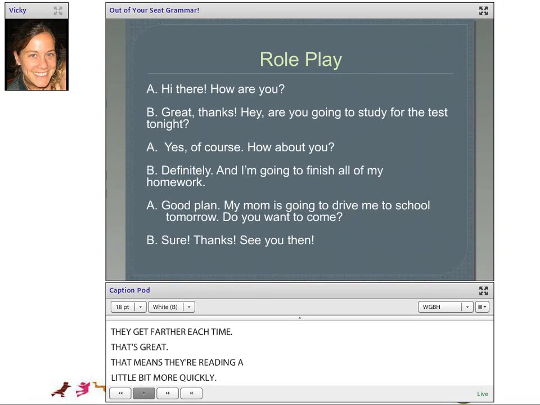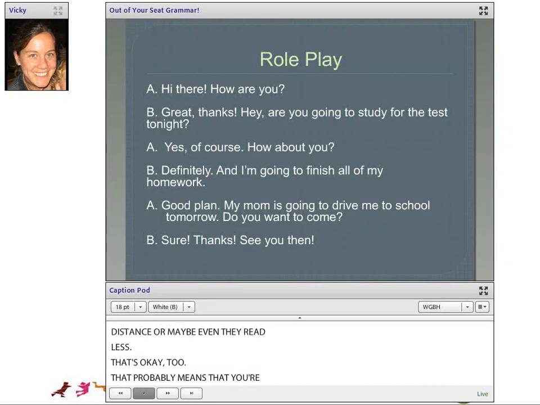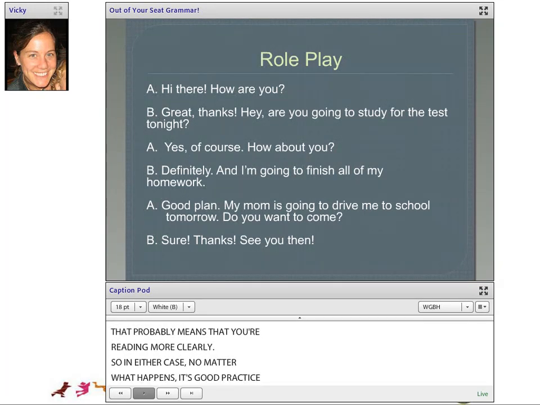Sometimes they get the same distance, or maybe even they read less. And that's really okay too, because that probably means that you're reading more clearly. So in either case, no matter what happens, it's good practice, and each person has been successful at it in their own way.